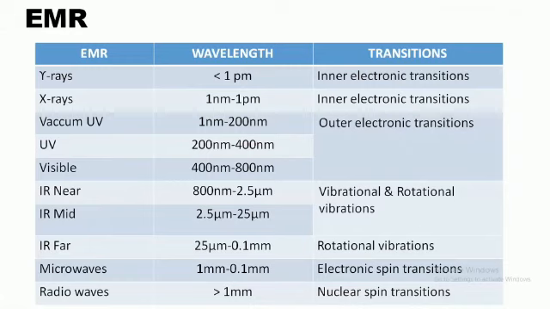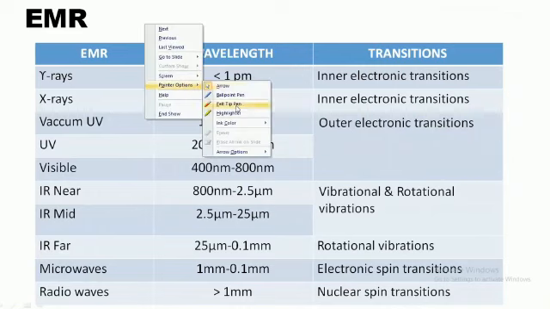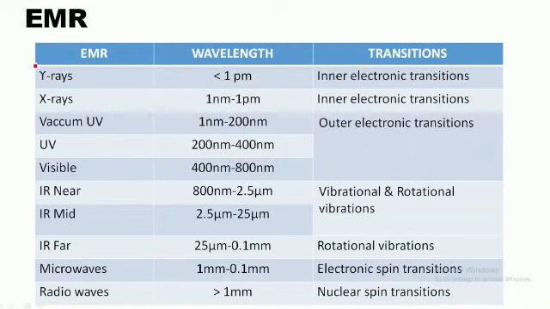No, I want you to remember the left-hand side, that is, this EMR portion. What happens when we go down the table? Energy decreases, so the wavelength will obviously increase. And what kind of transitions do these radiations induce in a molecule or a sample that we are interested in?